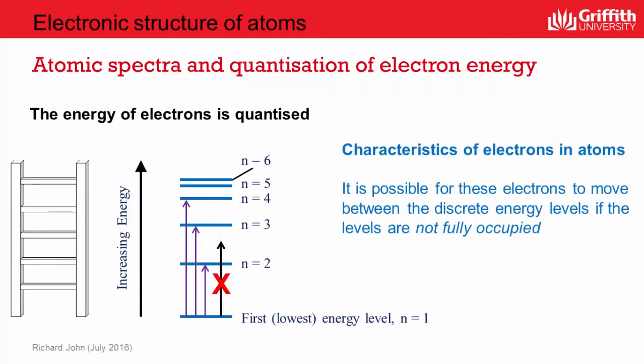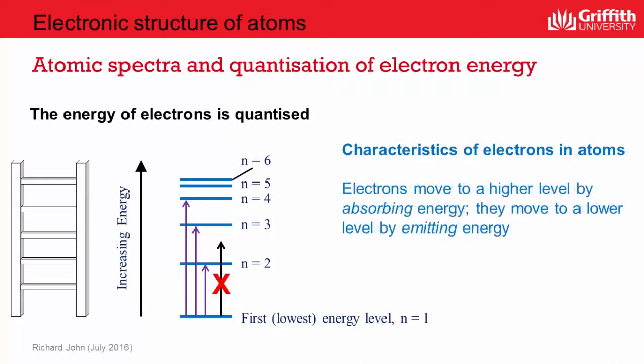It's possible for these electrons to move between the discrete energy levels if the levels are not already fully occupied. Electrons move to a higher energy level by absorbing energy, typically from photons, and they move to a lower energy by emitting energy, again emitting photons.